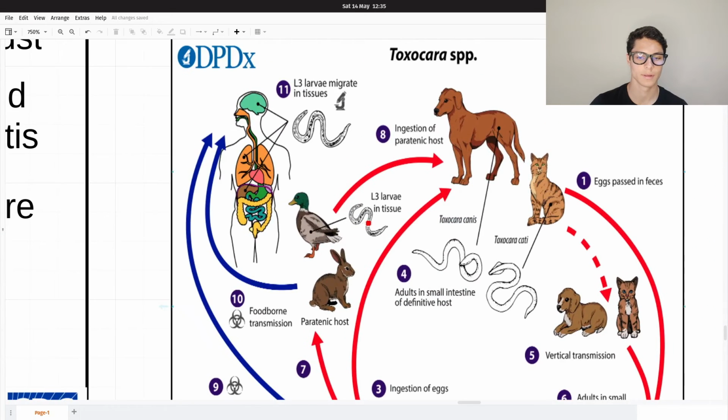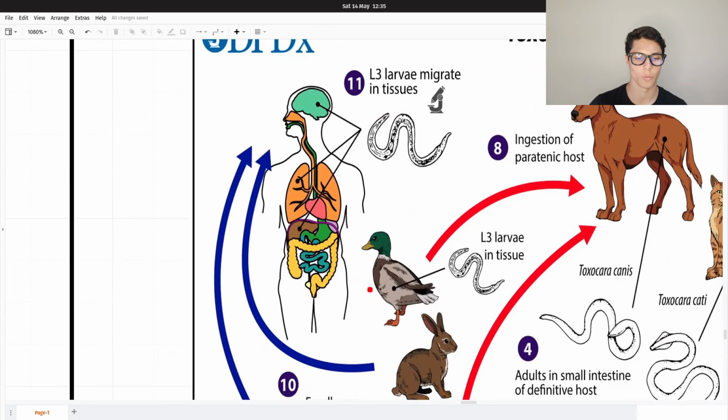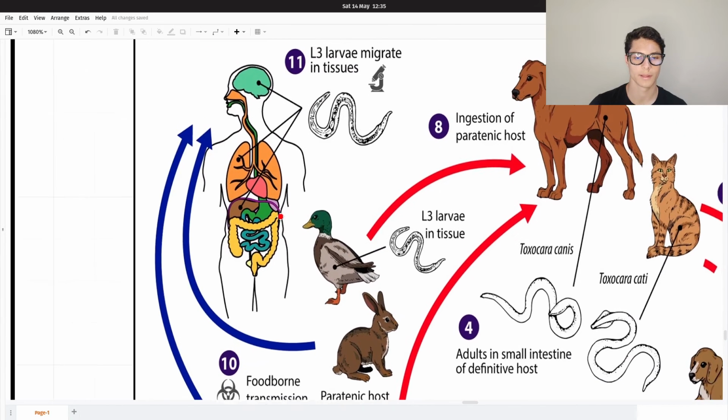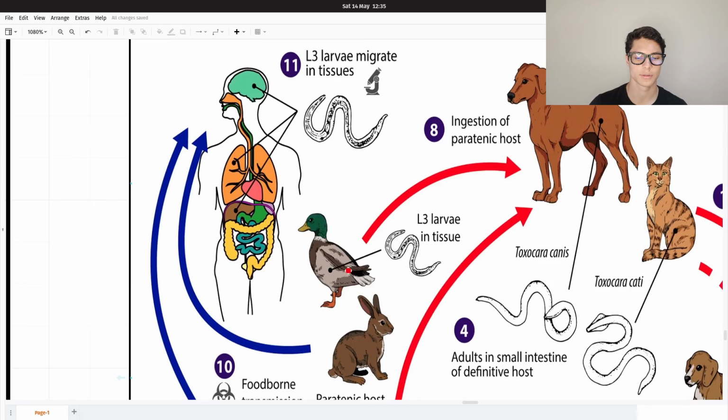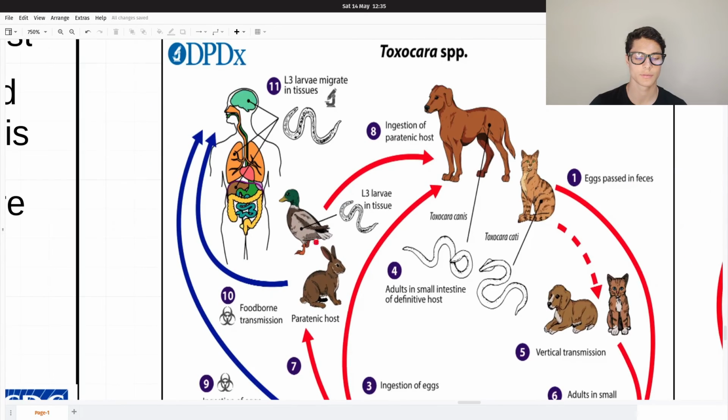In case they are not definitive hosts, as we are, the larvae migrate in tissues. For example, the dog can eat the duck or the rabbit, and they ingest the larvae that are in the tissues of these hosts.